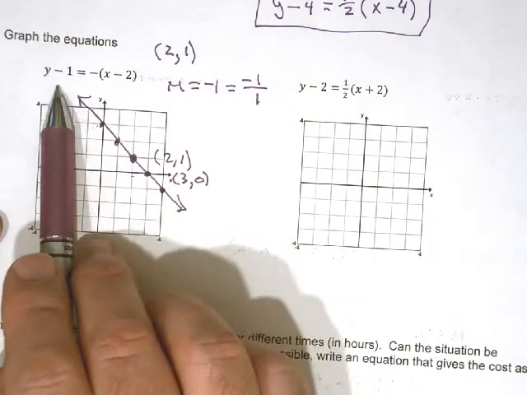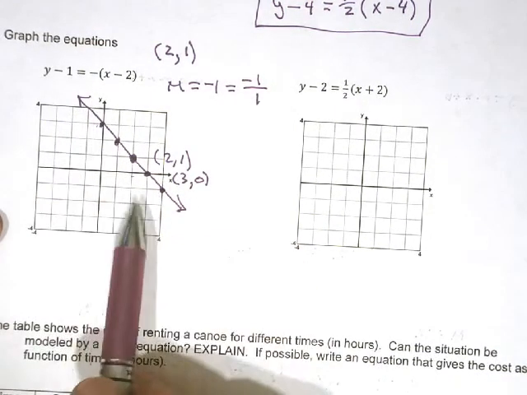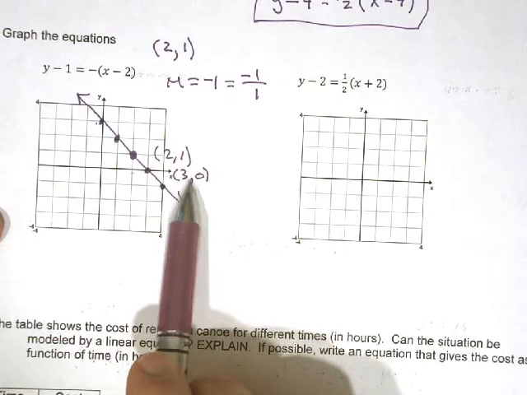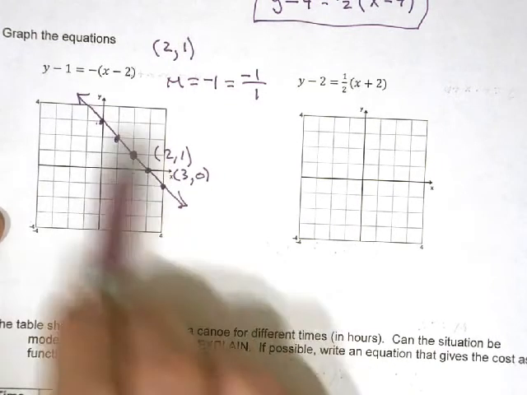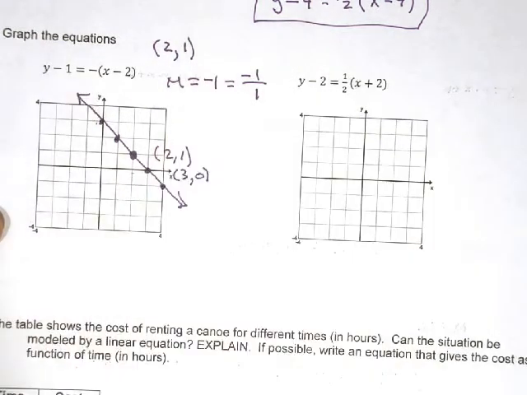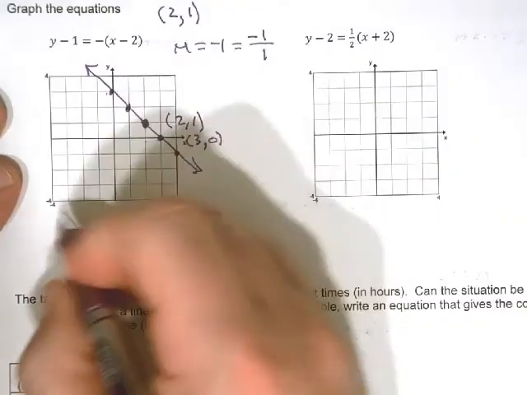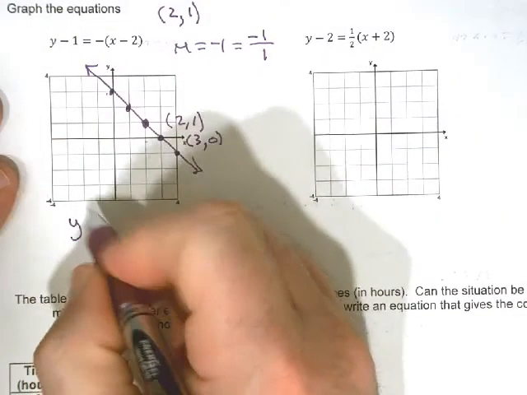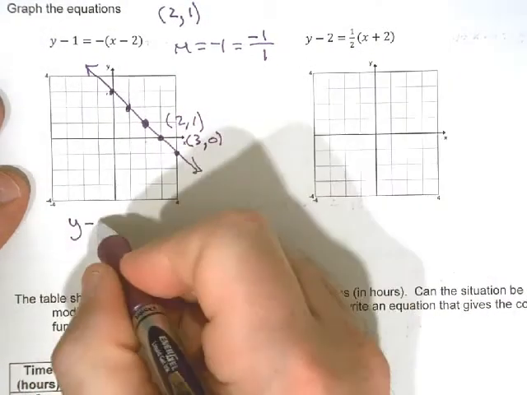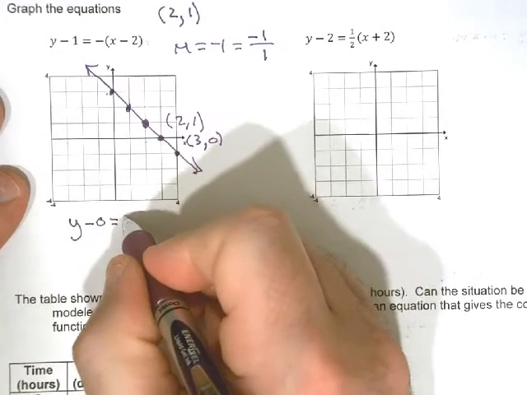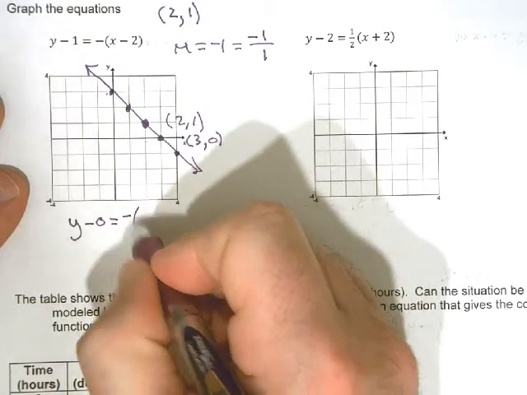So as you can start to see here, we have lots of different points, so we could have lots of different equations for this particular line. I could easily substitute my 3 in there and my 0 in there, and that would be another equation that goes through this. So I could go y minus, well, what's my y?